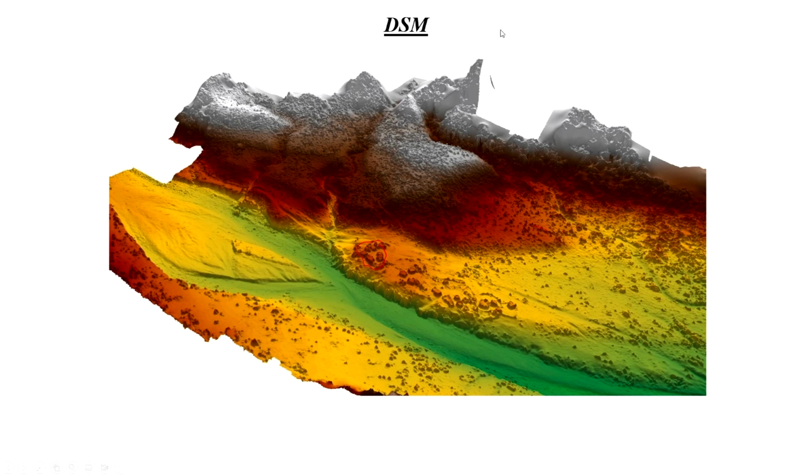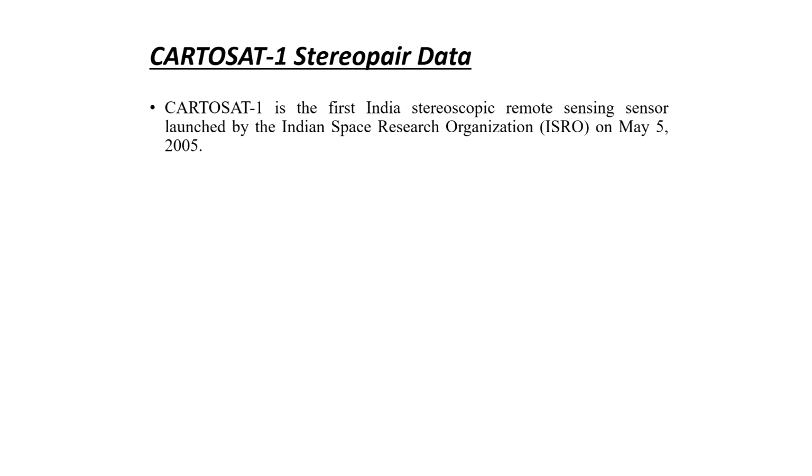So now we will move forward to the Cartosat-1 data. As I already discussed, Cartosat-1 mission was launched by ISRO in May 2005, and this satellite is acquiring stereo pair data. It includes 2 cameras with a panchromatic sensor, which acquires the data in the visible range, and these 2 cameras are the forward and the afterward camera.